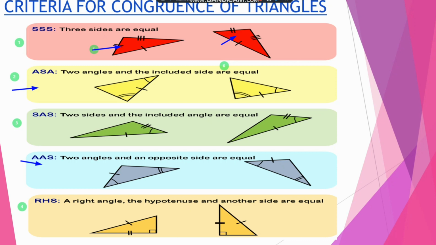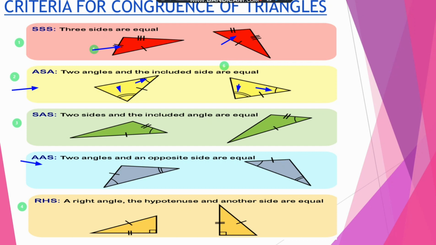Now the second condition says 2 angles and the included side are equal. Which are the 2 angles? Let's see. This angle is equal to this angle, and this angle is equal to this angle.